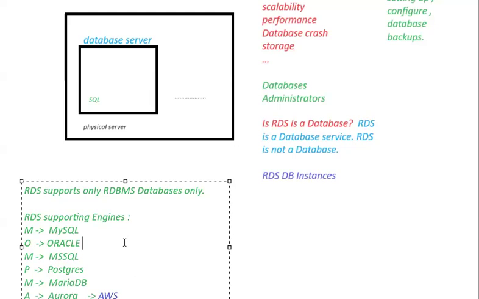So RDS is a database service which provides how many engines? Totally 6 engines.